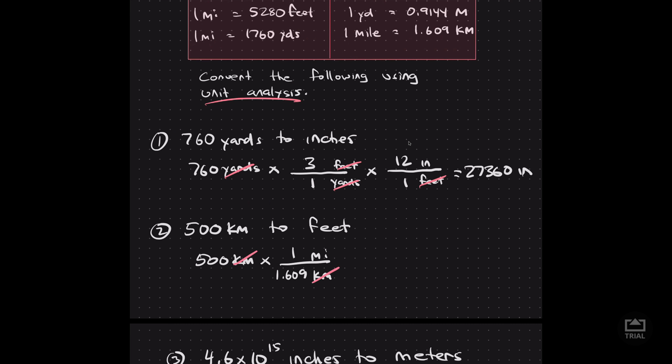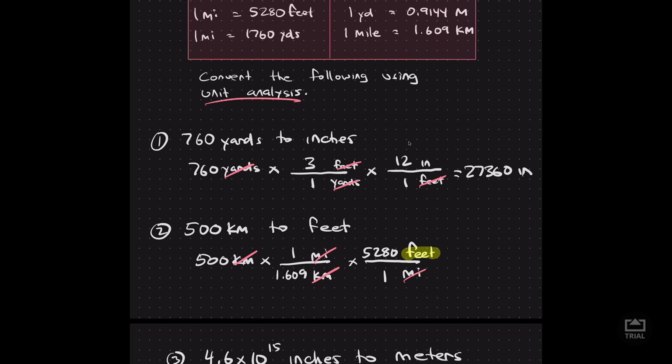That allows me to cancel the kilometers, and now I need to go over to the imperial side of that chart, and again I will multiply this by, well, I want miles on the bottom. Why? So that these two cancel, and I'm trying to get to my designated units of feet, and according to the chart it says that 1 mile is equal to 5,280 feet. So all the units have canceled, and I'm left with the units that I want right there.